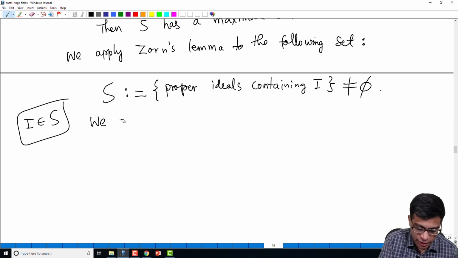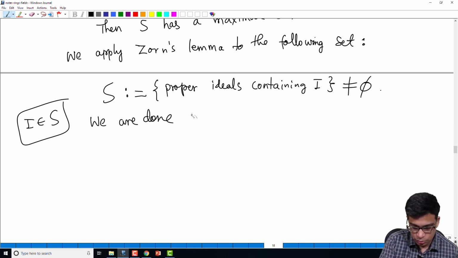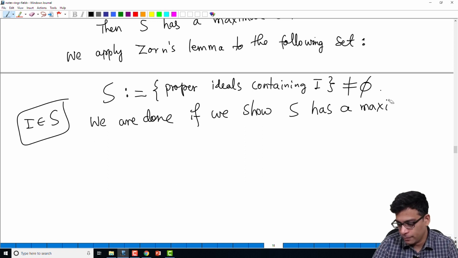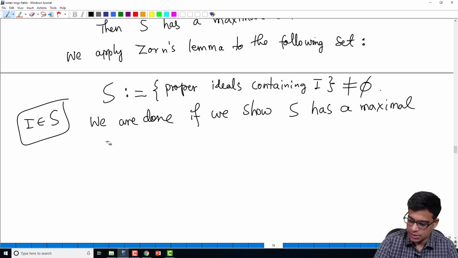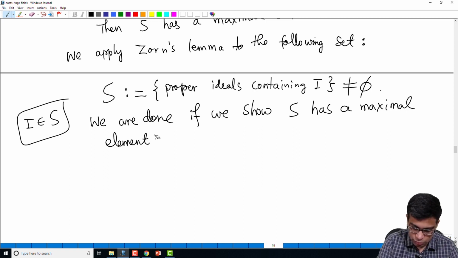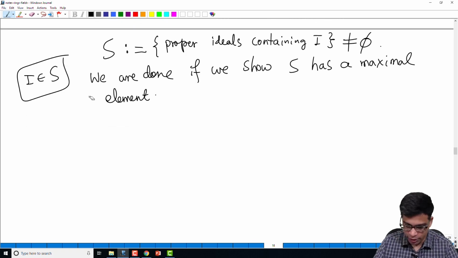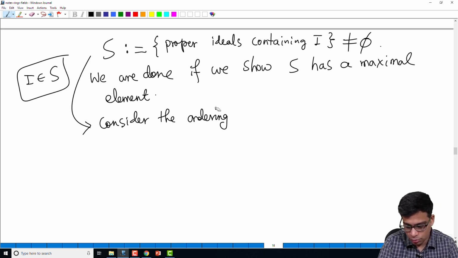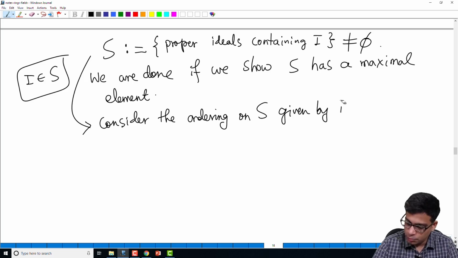And we are done if we show S has a maximal element. Why is that? Before that, I should really say, this should come before actually: consider the ordering on S given by inclusion.